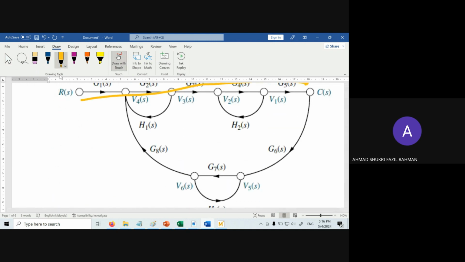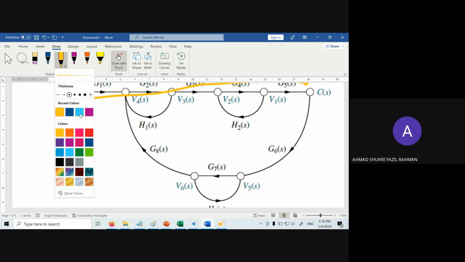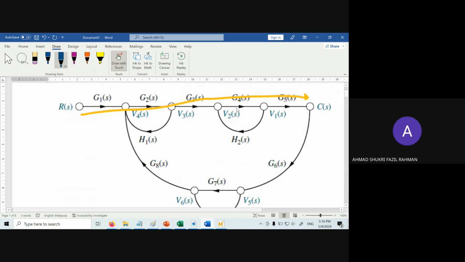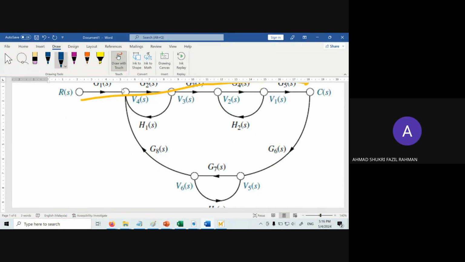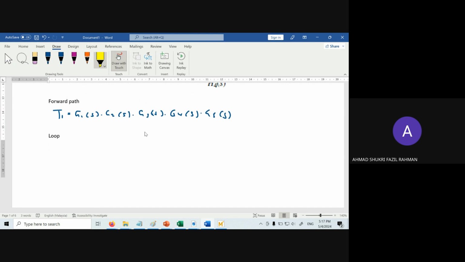From here we have this one, this is L1, this is L2, this is L3, and then the final one, which is L4, the route coming from this one. So we list starting from L1.